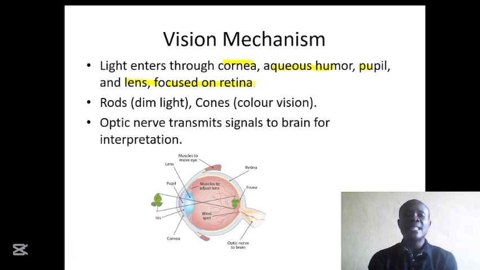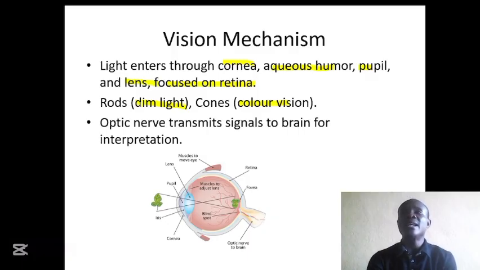When that light is being focused on the retina, it has two cells, just like I said: rods and cones. The rods are most sensitive in dim light, while the cones are most sensitive in bright light.